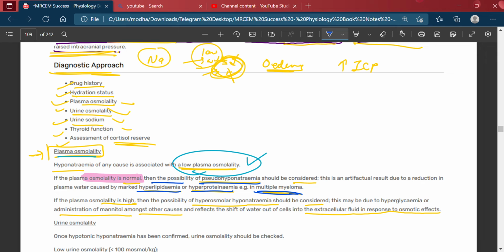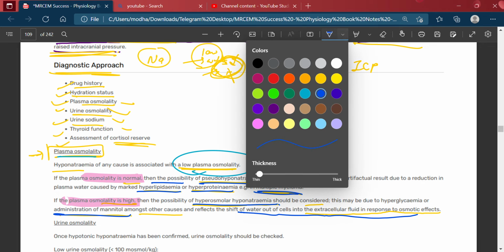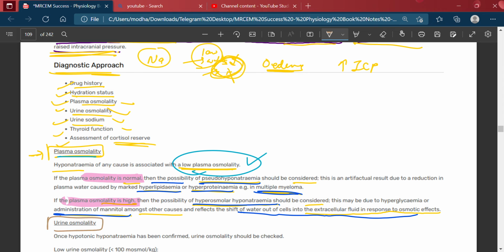Then if the plasma osmolality is high, the possibility is hyperosmolar hyponatremia. This may be seen with the administration of mannitol, with the shift of water out of the cell into the extracellular fluid in response to the osmotic effect. Then we will see the urine osmolality.